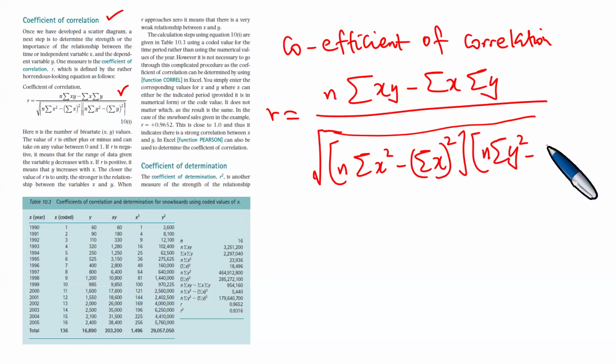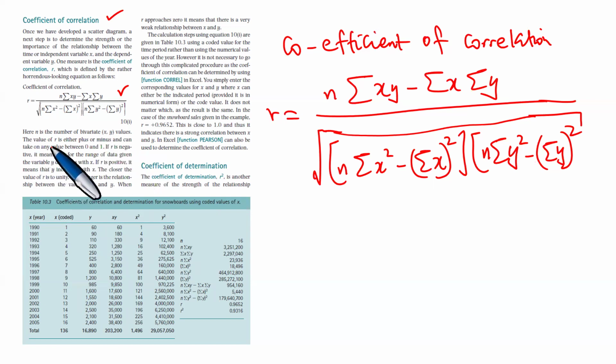Just trying to repeat this, written a little bigger for more visibility. The coefficient of correlation is R and is written like this. Here n is the number of bivariate xy values.